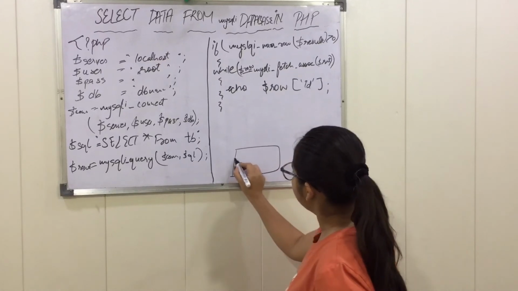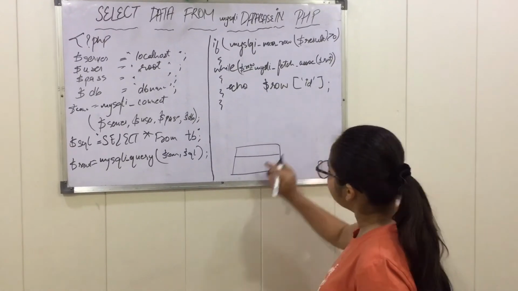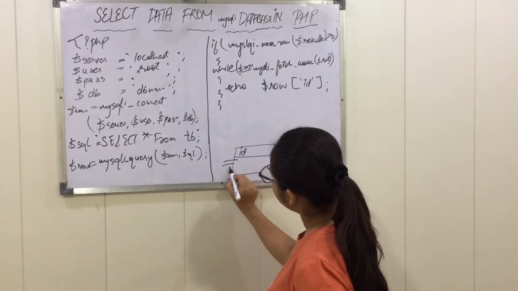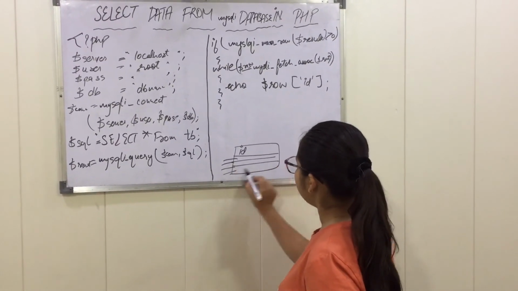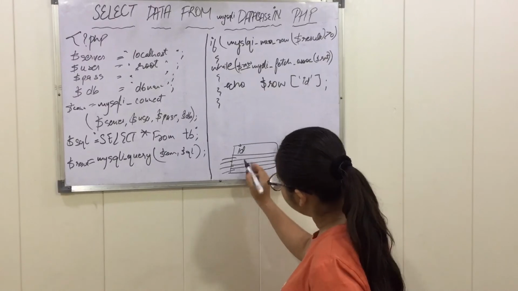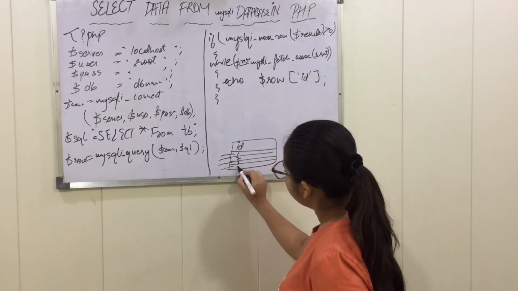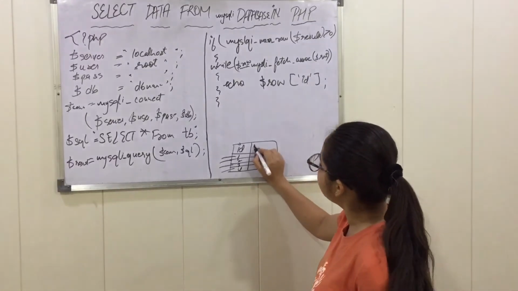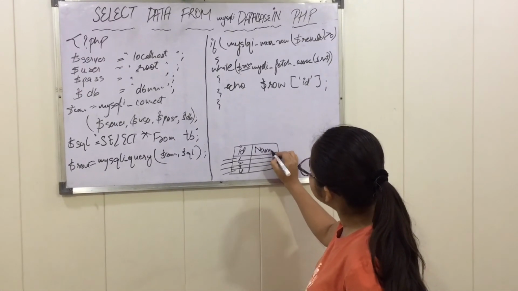Suppose this is my HTML part, and I need the ID to be printed. So the ID will be printed with the number of rows. If I have 4 data in ID, it will be printed as 1, 2, 3 and 4. If I need an extra field, my second field is name.